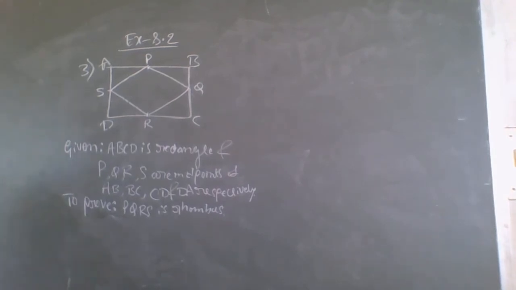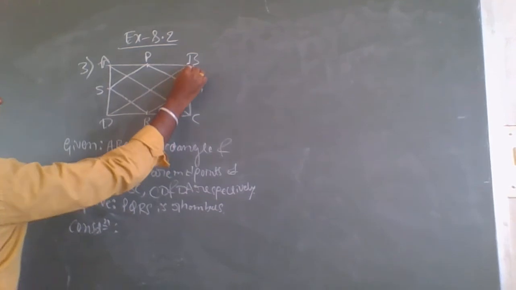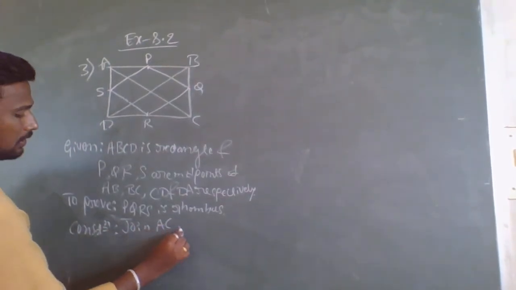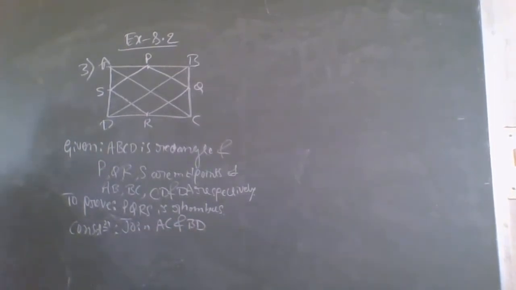So now to prove this, the construction is: we will join the diagonals AC and BD. This is the construction. After this we start with the proof.